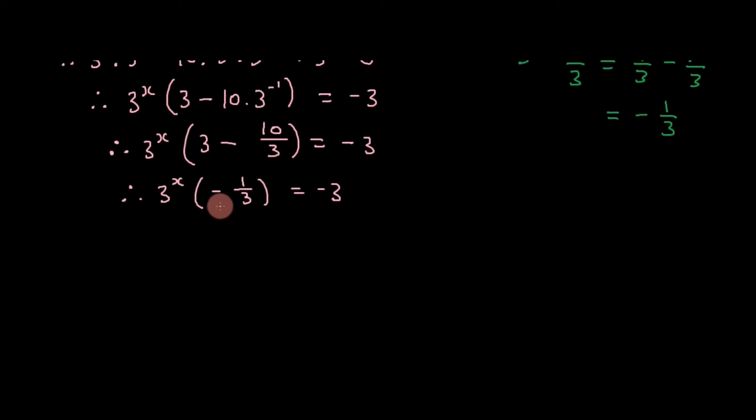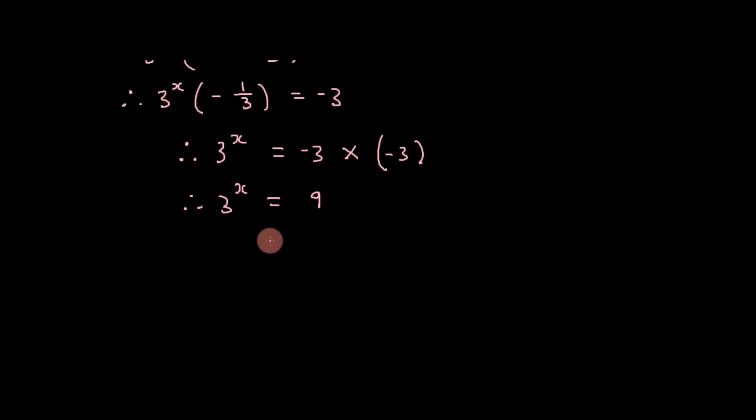We can divide the negative 1 over 3 into the right-hand side. So we're going to multiply by the inverse on the right-hand side, the inverse of negative 1 over 3, which of course is negative 3. So we have 3 to the x, a minus times a minus is a plus, 3 times 3 is 9.